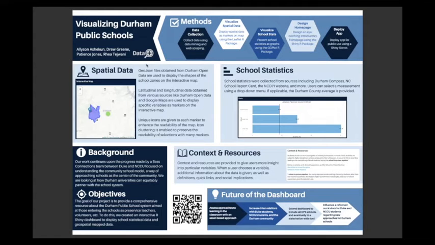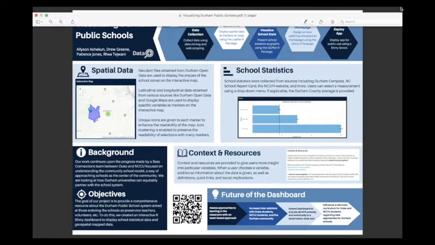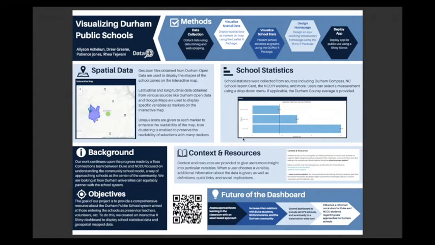So to begin with our project, we had to collect data from several different sources, like Ria said. A lot of information that we found about Durham Public Schools was located in disparate places that weren't connected and didn't necessarily talk to each other really. So we collected data from sources like Durham Open Data. We collected a lot of longitudinal and latitudinal data from just like Google Maps and things like that.